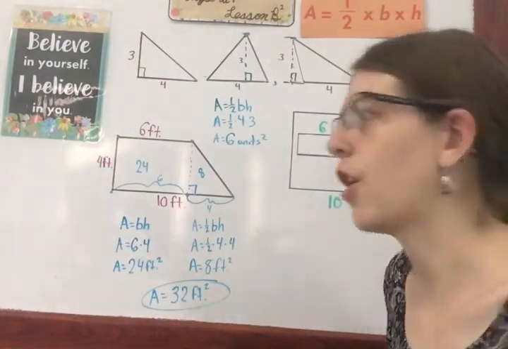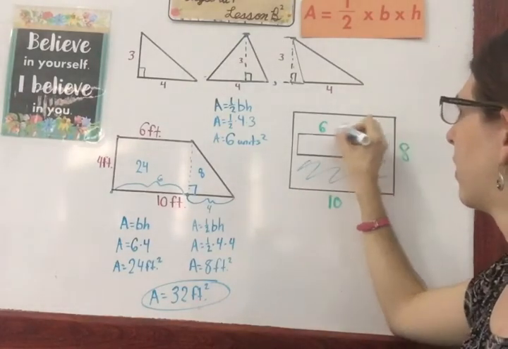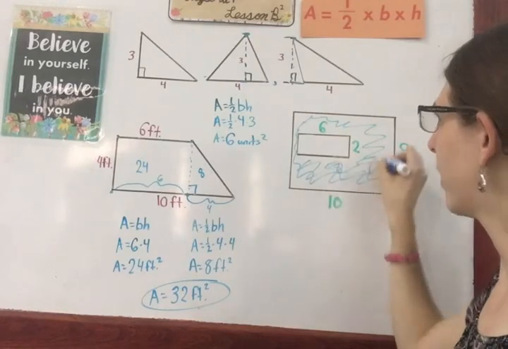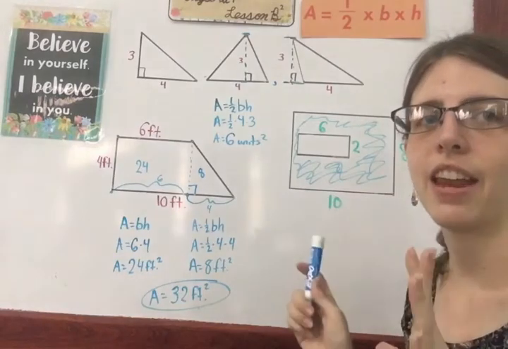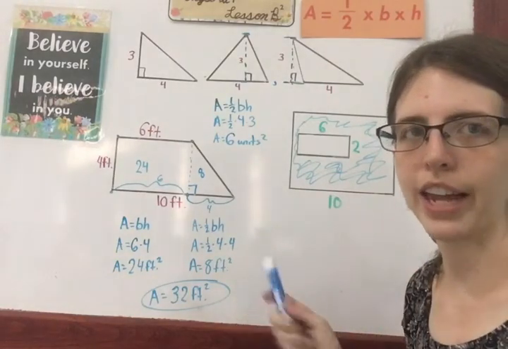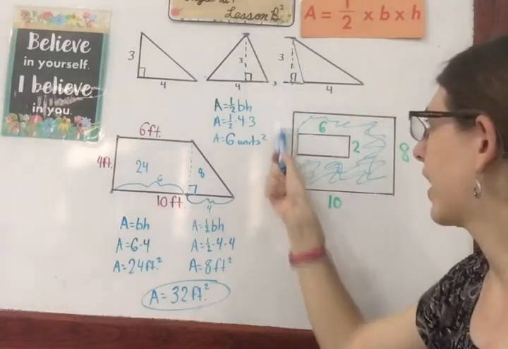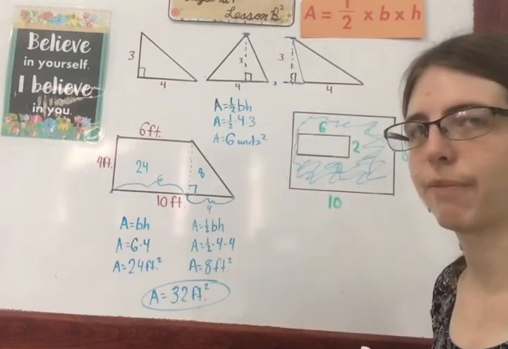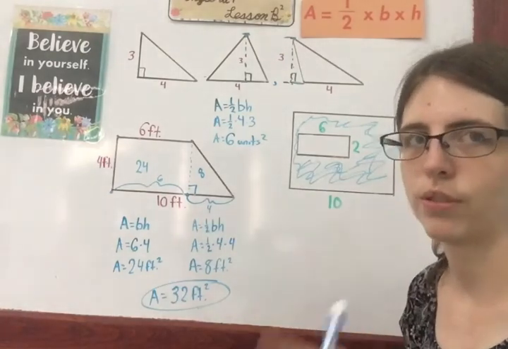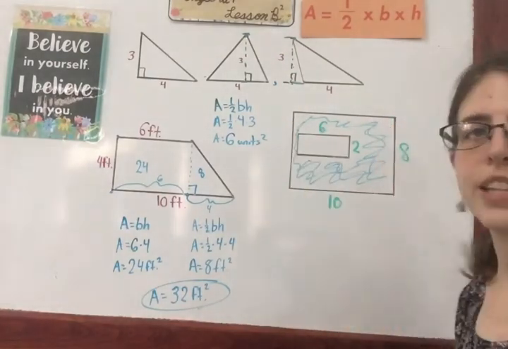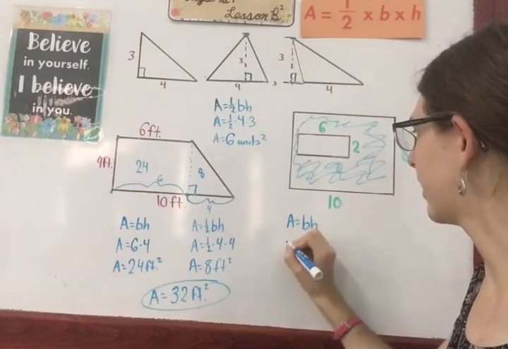Okay, let's take a look at this shape here. If I want to know what the area is of this blue spot, of all the shape that is colored in blue, then that is actually a very easy area to find. But you have to do a little bit of subtraction. So first, I have to find the area of the whole big thing. Then I have to find the area of the shape inside of it and subtract it out. So this here is a rectangle. My formula is base times height.